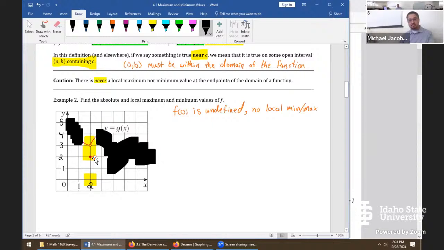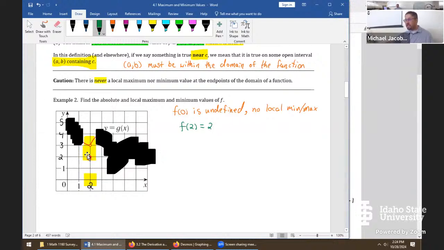Any volunteers from the class, would you call that value a local minimum or a local maximum? Good call, Jamie. We have a local minimum right here. What makes that a local minimum is we write down f of 2 equals 2.